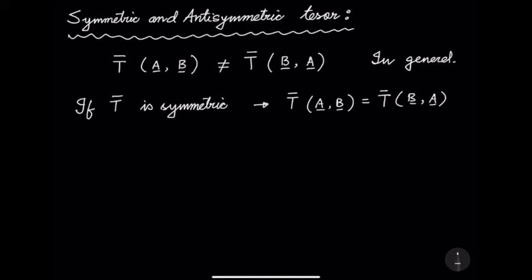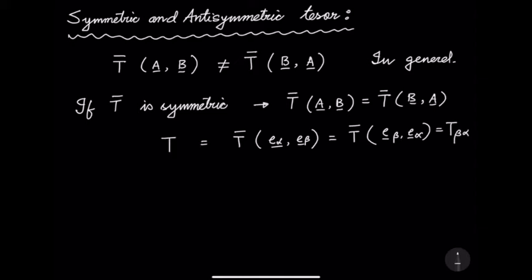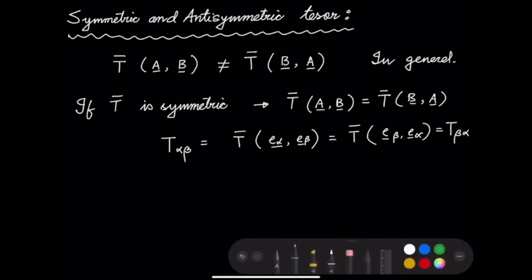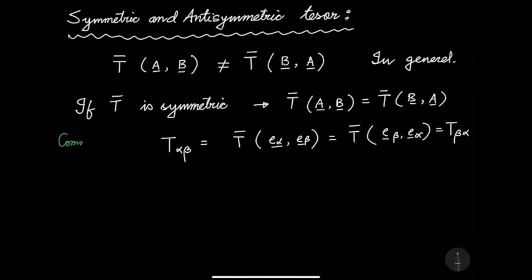You see, what happens when T(A,B) equals T(B,A) is that if I put in now the basis vectors here, then it doesn't matter which order I put them in. The right hand side expression gives me the beta alpha component of T, and the left hand side expression gives me the alpha beta component of this T. So if the tensors are symmetric, the tensor components are symmetric in their indices.